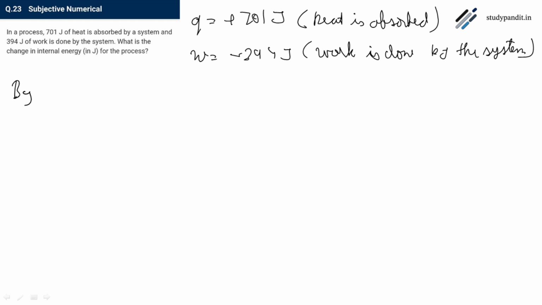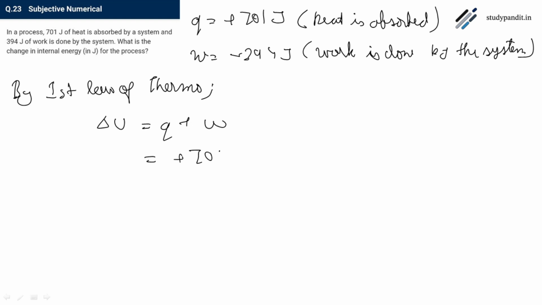So by the first law of thermodynamics, internal energy change, that is delta U, is given by Q plus W, which is equal to plus 701 joule plus minus 394 joule, equal to 307 joule.